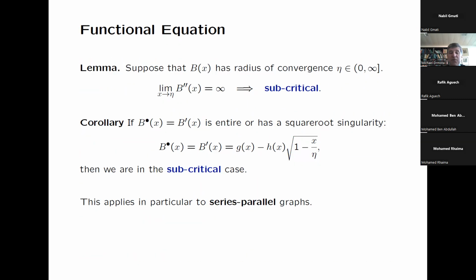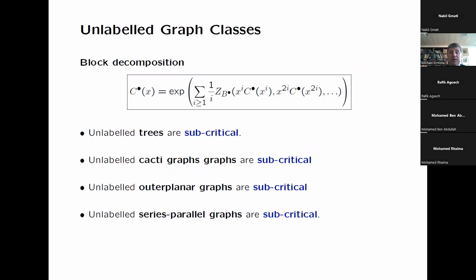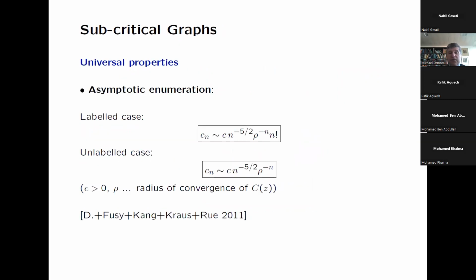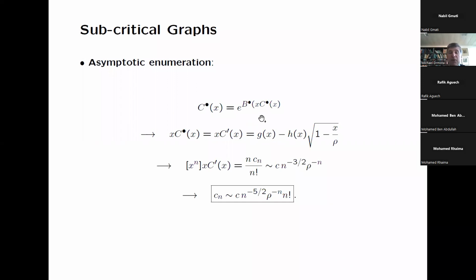And if we are in the subcritical case, as we are for series parallel graphs and all the other graphs, then we get very easily these asymptotics. And I just want to give you a hint of why we get that.